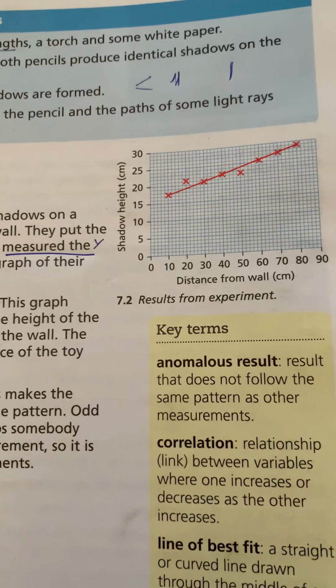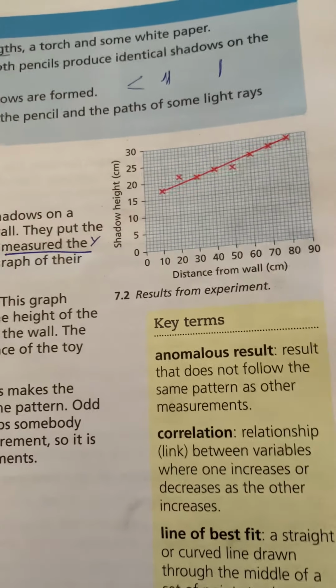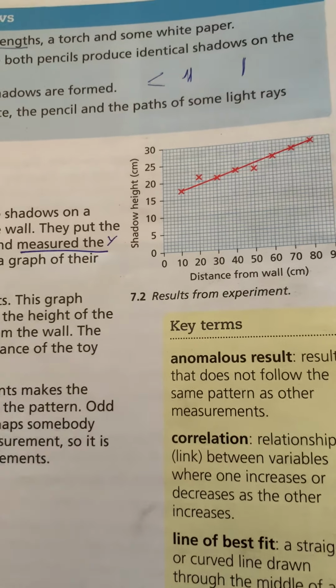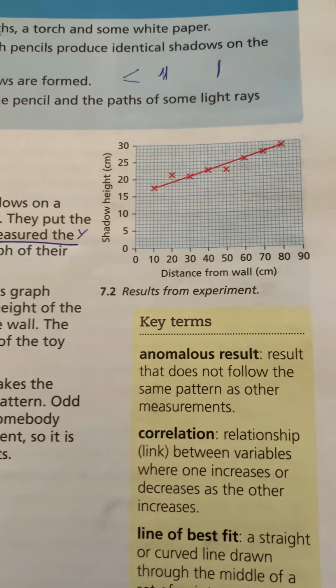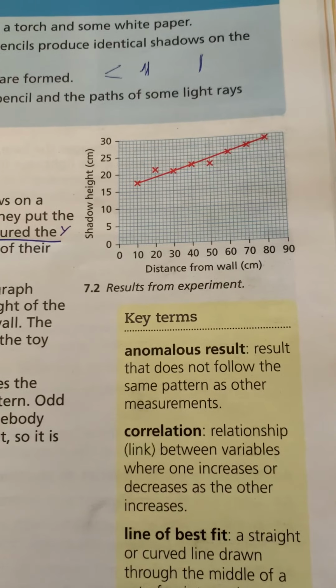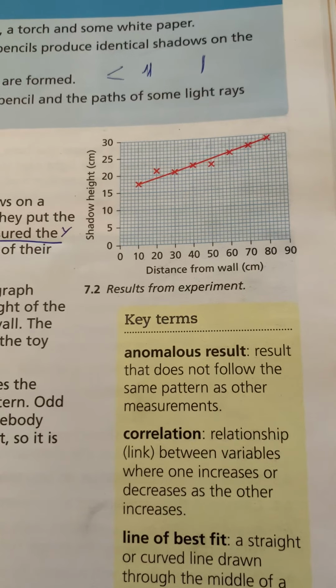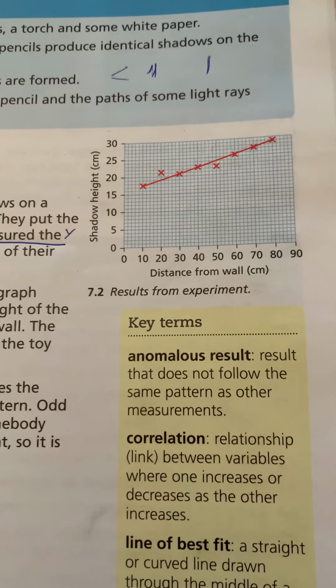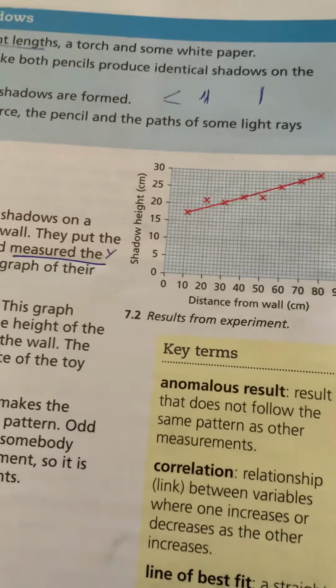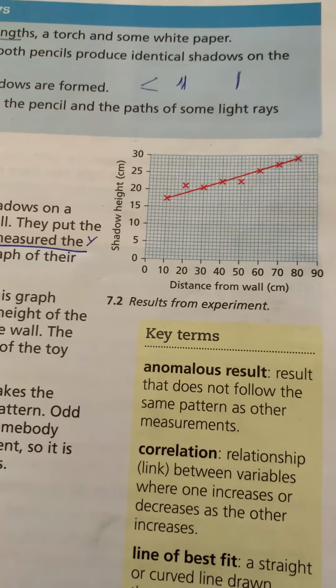So you have to draw the line of best fit. Drawing a line of best fit through the points makes the pattern clear. Best fit is the line where all the points are distributed around it evenly, or the line which can collect most of the points. So this is the best fit line.